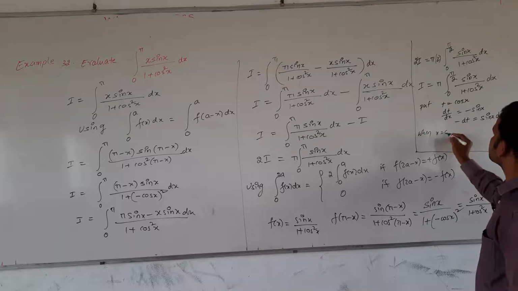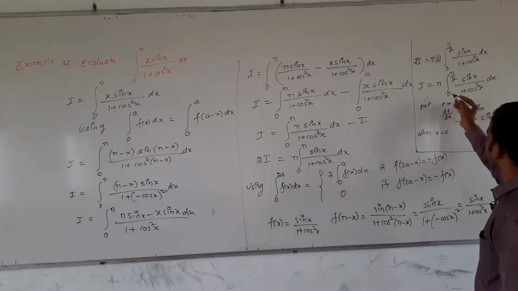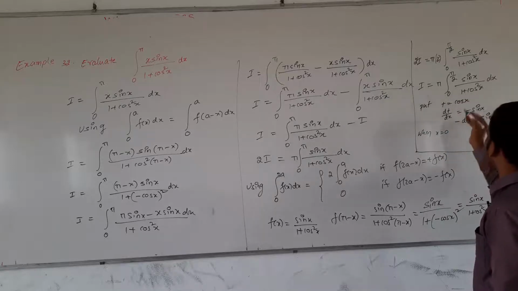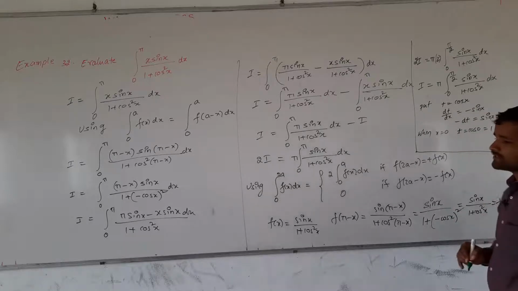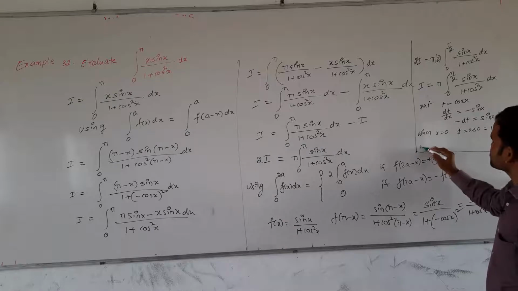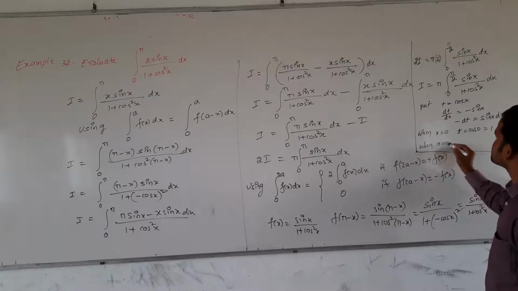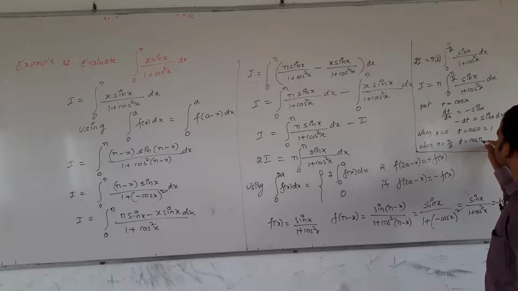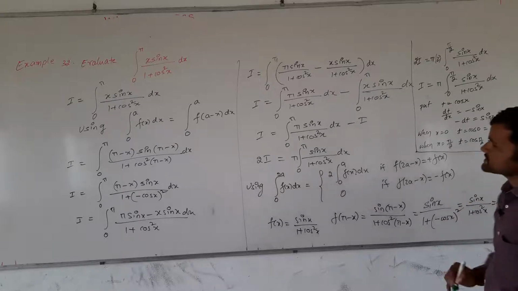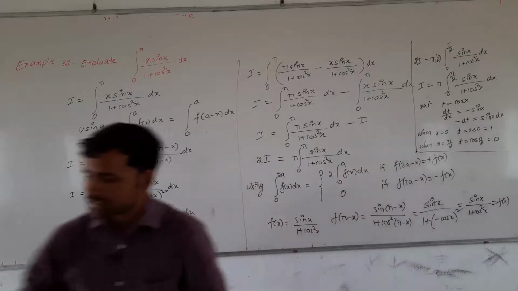When x is equal to 0, the lower limit, what happens to the t value? t is equal to cos 0, the value is 1. And what about the upper limit? When x is equal to pi by 2, 90 degrees, t is equal to cos 90 degrees, the value is 0.